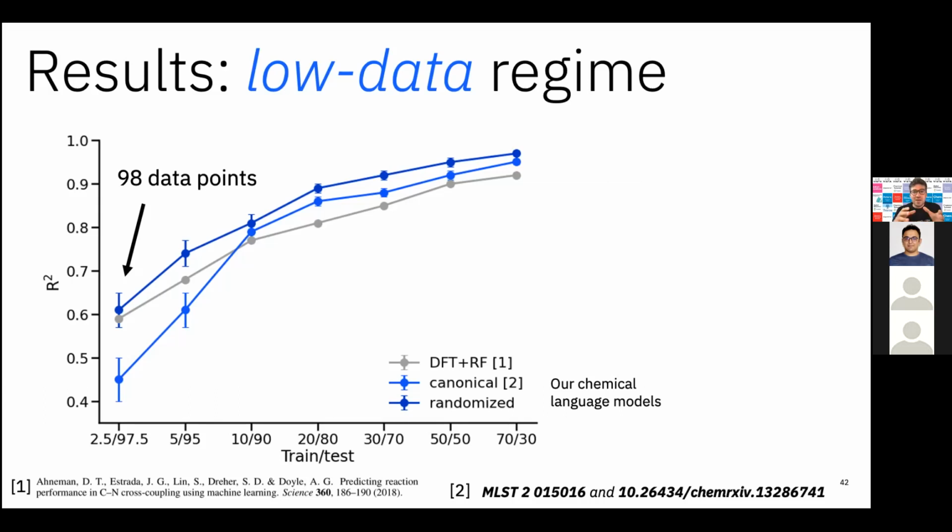But through this pre-training and then fine-tuning scheme plus additional data augmentation, we were able to match the DFT descriptors even for training datasets as small as 98 data points.